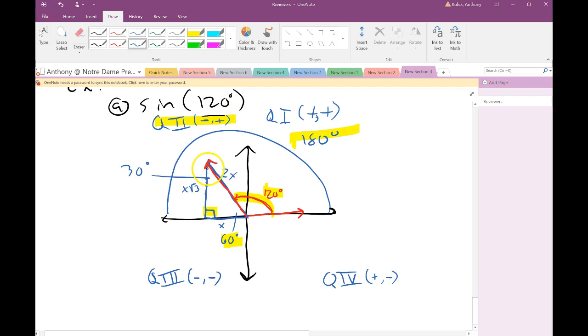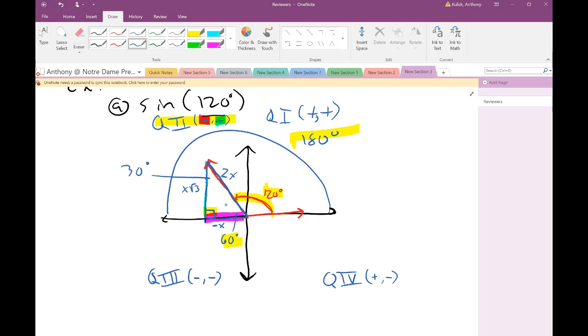So this piece here is a vertical piece. That corresponds to a y value, so that should be positive x square root of 3. But this piece here corresponds to an x value, so that should be negative x. So that's an important piece that you have to remember when doing this.